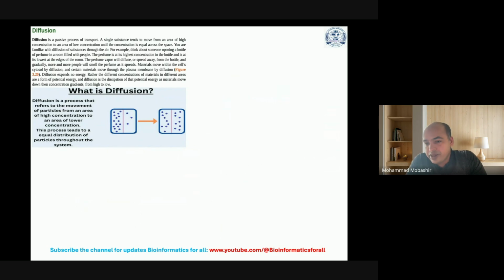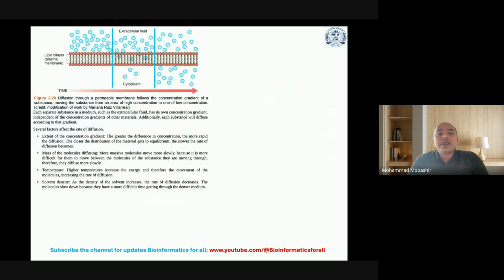That is a very simple way to understand it in terms of chemistry. Then there are some other examples of diffusion through the selective permeability properties of the plasma membrane. Here you can see how the molecules are moving.